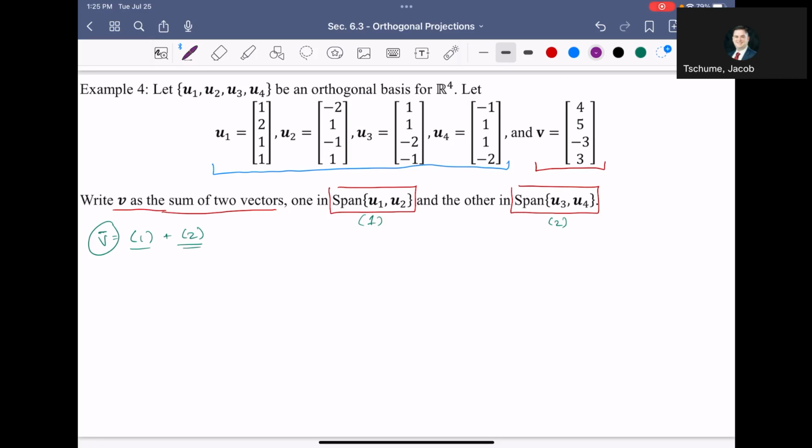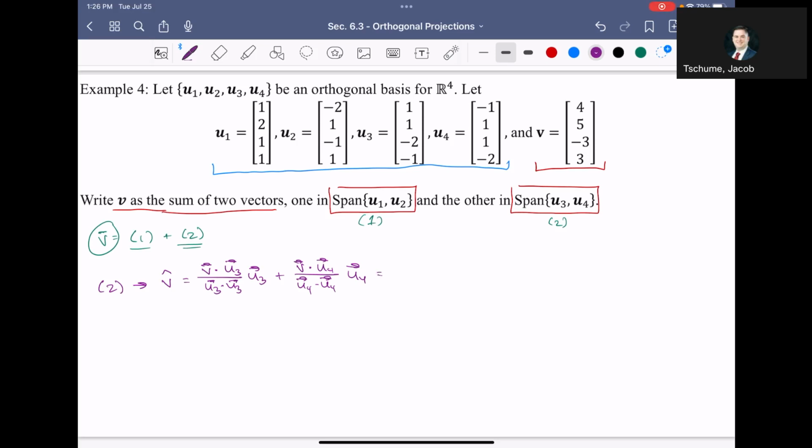So for number 2, if I want to find v hat based on number 2's instructions, that means I'm going to take v dotted with u3 over u3 dotted with u3 times u3 plus v dotted with u4 over u4 dotted with itself times u4.